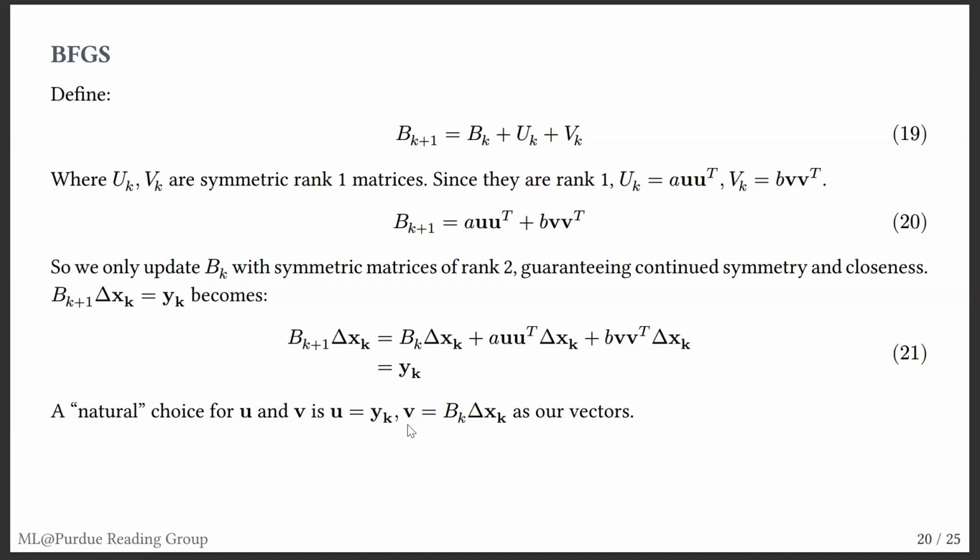And in a way, you can think of it like, if I'm saying it is a natural choice, it depends on your intuition, but you can see how y of k is what you're trying to be, right? You're trying to make B of k times delta x k into y of k. That's your goal. And B of k times delta x k, that's what you used to be.